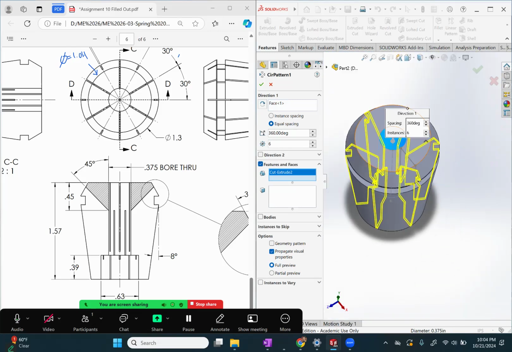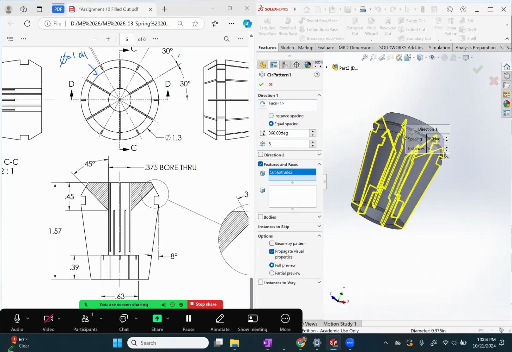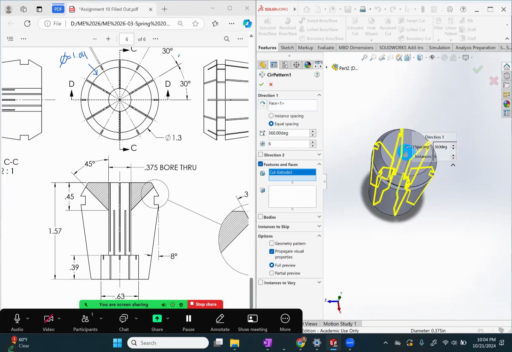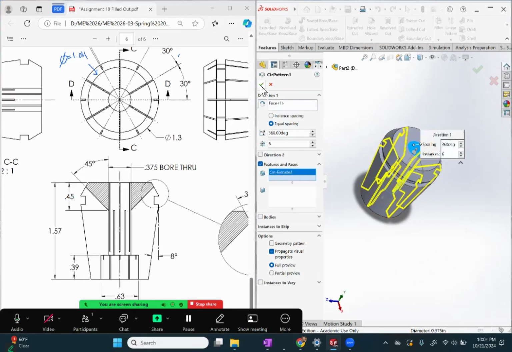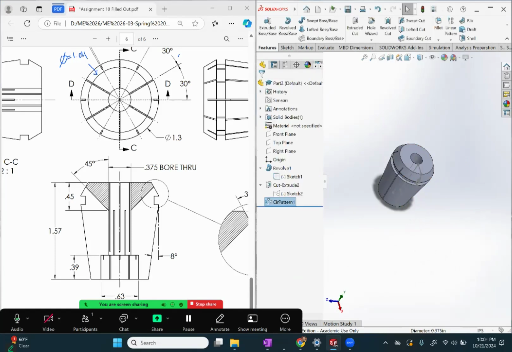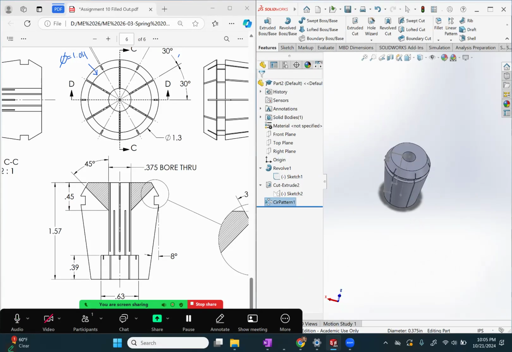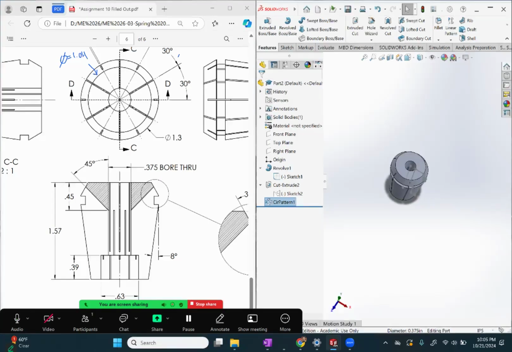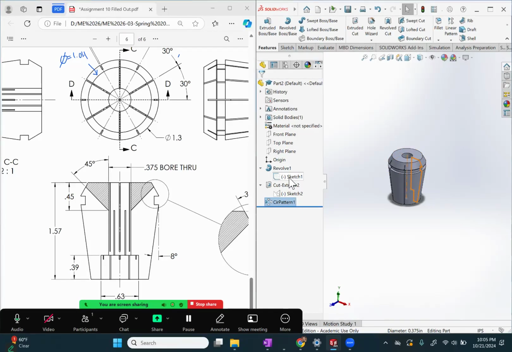So we'll turn on my preview, and get a look at it. It looks like what I want. Go ahead and finish. And now I have 6 of those cuts. So do I still need this?